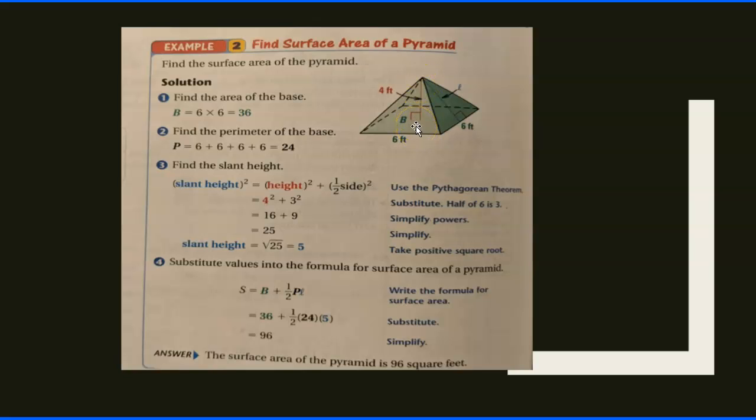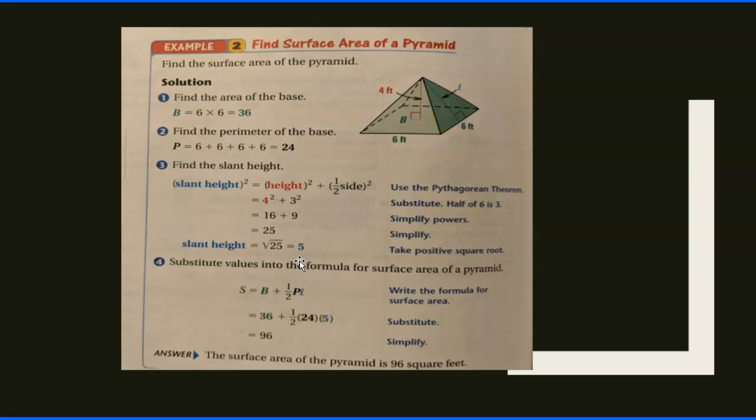The column that I think needs to be put in place to hold up the pyramid is going to be 4 squared. Then 1/2 the side is going to be 3, and that's going to be squared. So we're going to have 16 plus 9, which comes to 25. But remember, I've got to put the radical over 25, and I am able to determine then that the slant height is 5.